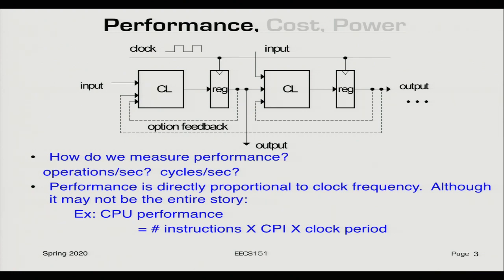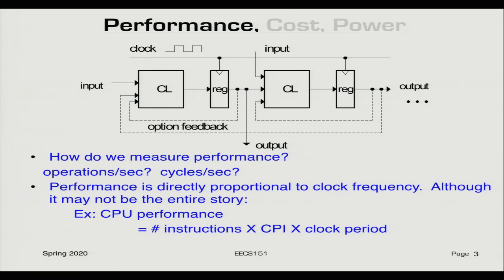For a given program, you may have a very high clock speed, but if it takes lots of instructions to execute that program, or many cycles per instruction, then that high clock speed won't necessarily give you higher performance. So my point here is it's a little more complicated. How do you define performance? Usually in this class, when we talk about performance, we're going to talk about clock period, or clock frequency, 1 over clock period.